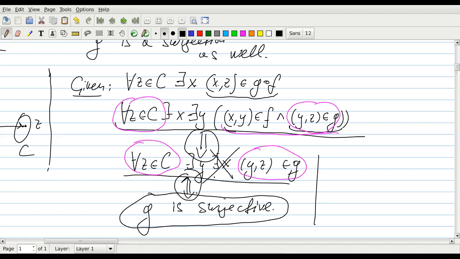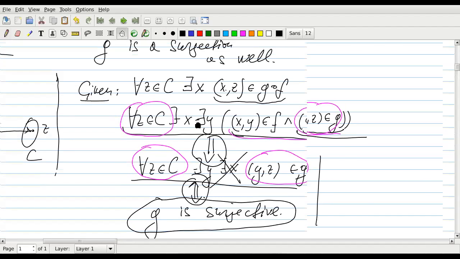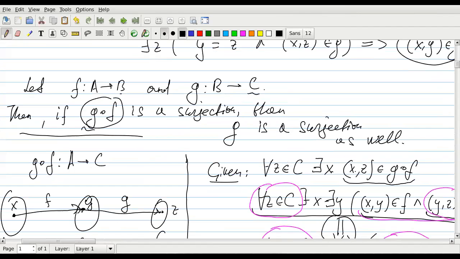Yes. So let's look at the bigger picture. Now we know that if the composition of two functions is surjective, then the outer function is surjective as well.